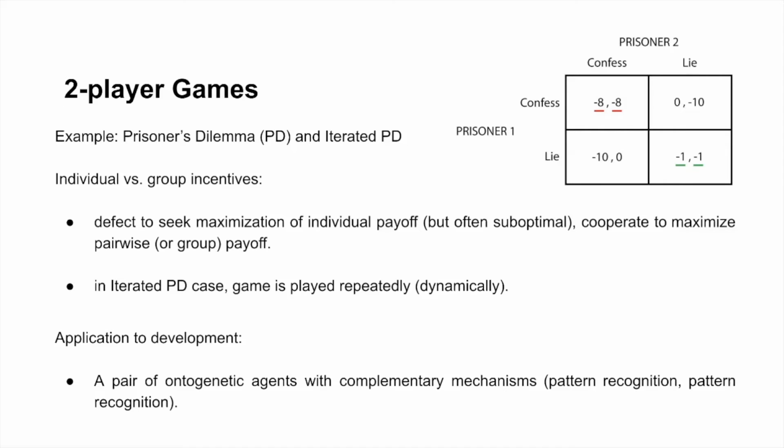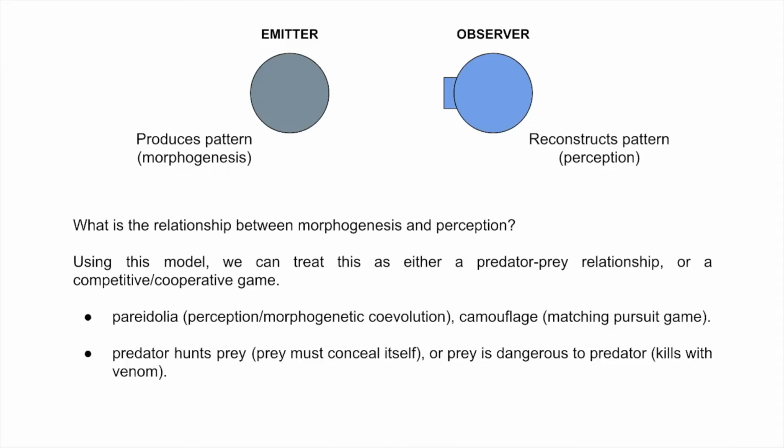And an application of this to development is where you have a pair of ontogenetic agents with complementary mechanisms, such as pattern recognition and pattern generation. So this is the observer and the emitter.